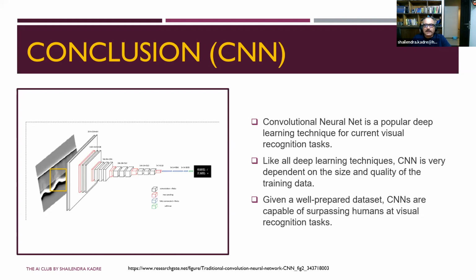And lastly, this question I think came when we started our neural network. I want to repeat it. Given a well-prepared data set, listen carefully, CNNs are capable of surpassing humans at visual recognition tasks. Understood?